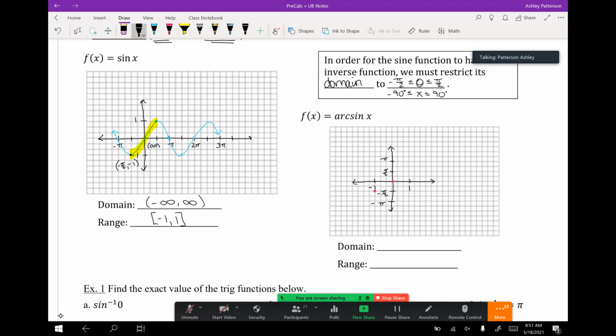Sine has a point at pi over 2 comma 1, so its inverse will have a point at 1, pi over 2. And how do we connect it? We connect it in a very funky looking curve like that.